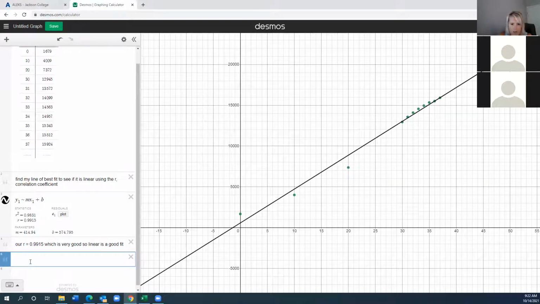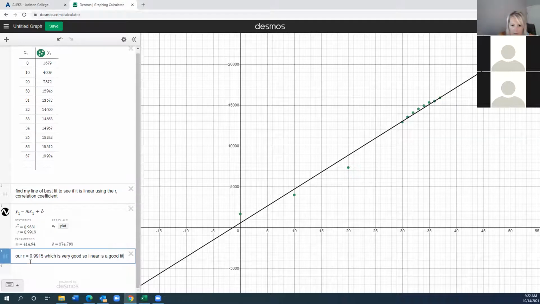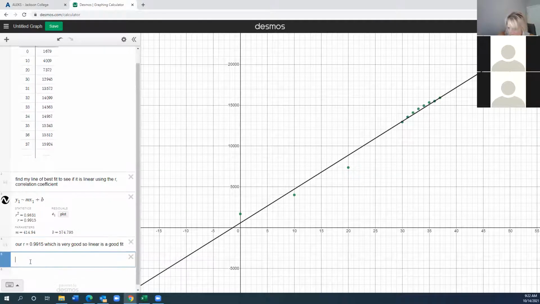So here we have y1 tilde a times b to the x1. Oops, I missed a parentheses. I had a note here, so I'm just going to make a note.